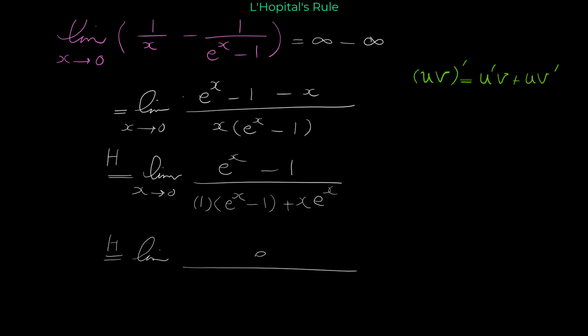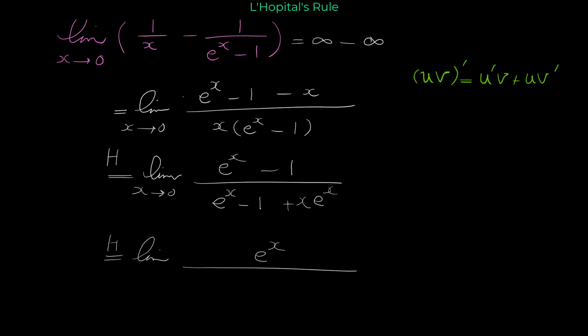The derivative of the numerator is e to the x only, because the derivative of e to the x is e to the x and the derivative of negative 1 is 0. Here, attention, 1 times e to the x minus 1 is basically only e to the x minus 1, because 1 times every expression is that expression. So in the denominator we have e to the x minus 1 plus x e to the x.